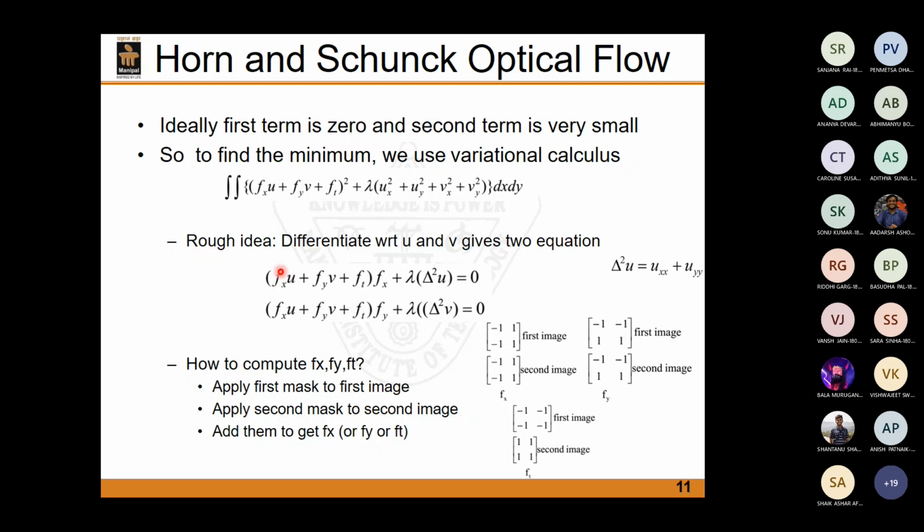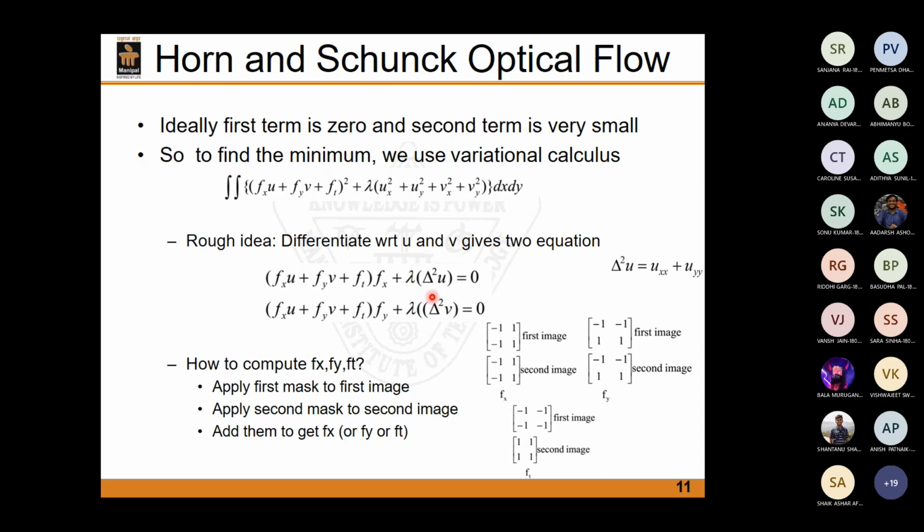where the same definition of each of the variables holds: fx is the partial derivative along the x direction, fy is the partial derivative of f along the y direction, and ft is the partial derivative along the temporal axis. Here lambda is a weighing factor which says how much the smoothness constraint counts within the neighborhood we are considering, and it ranges between 0 and 1.